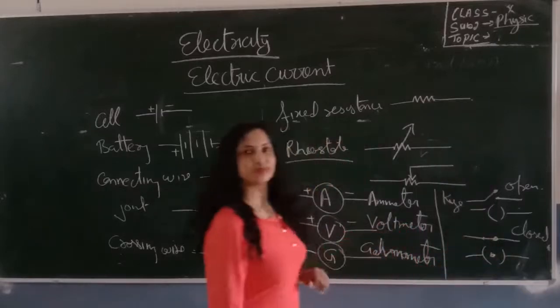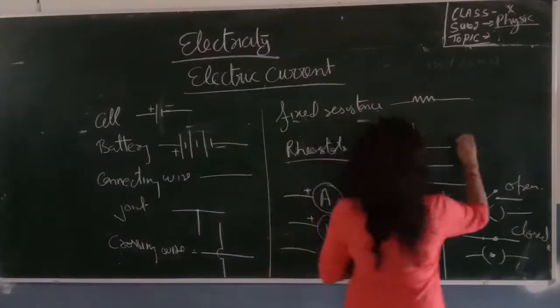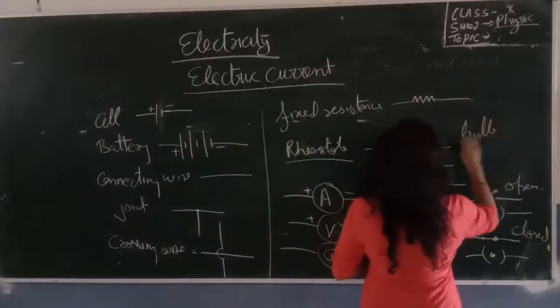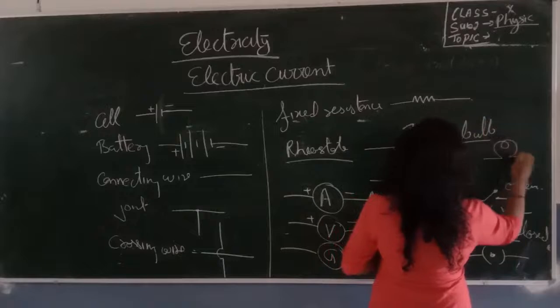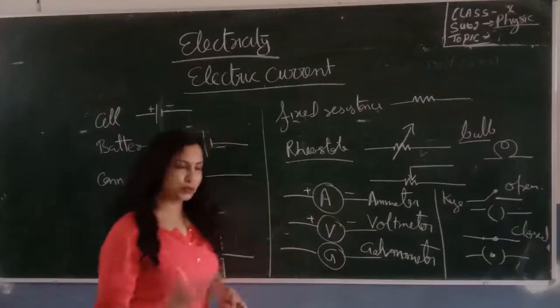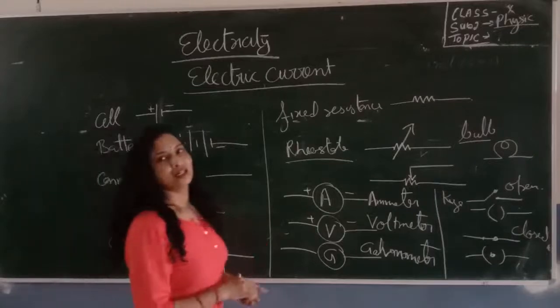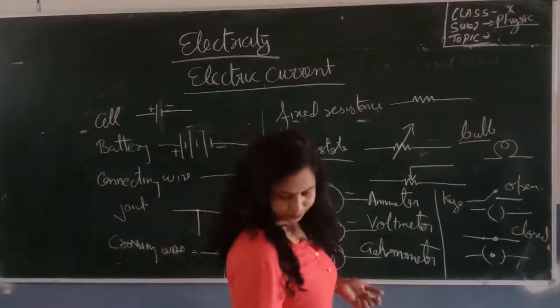So these are the key and the bulb. The bulb is represented like this. So these are the different symbols which we use for showing the circuit diagram.